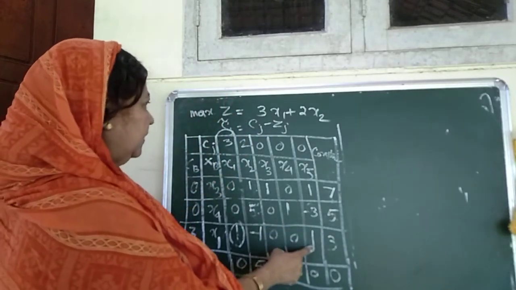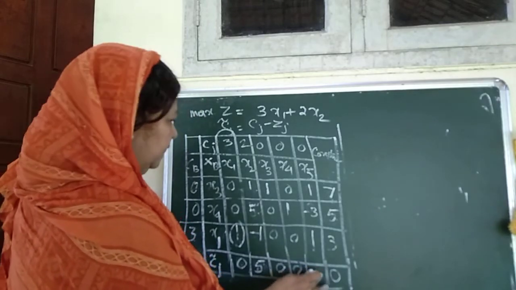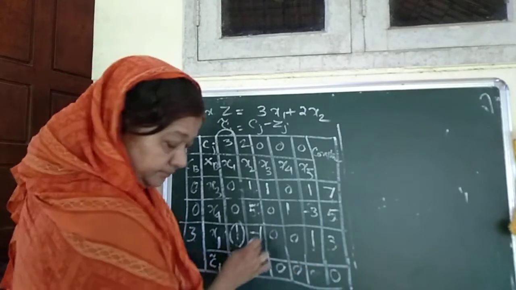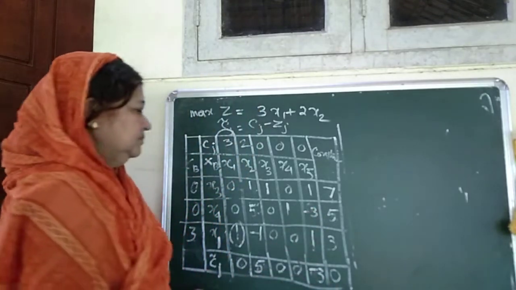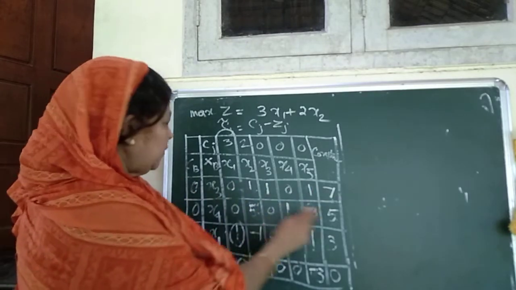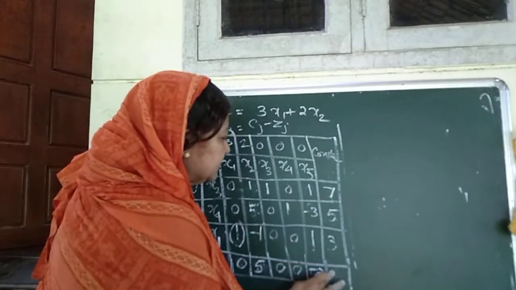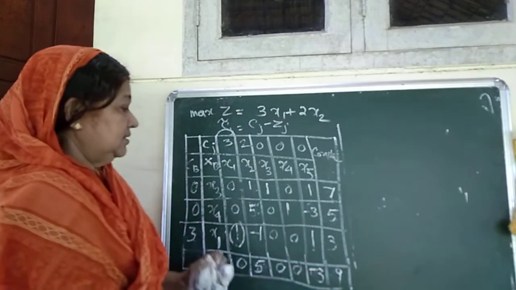Again for x5 it is minus 3. And also for the cost, it is 0 into 7 plus 0 into 5 plus 3 into 3, that is 9. So we improve the objective function, it is 9.